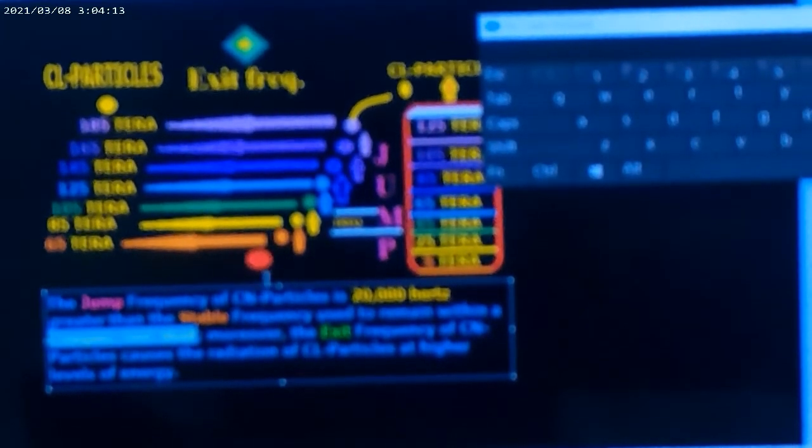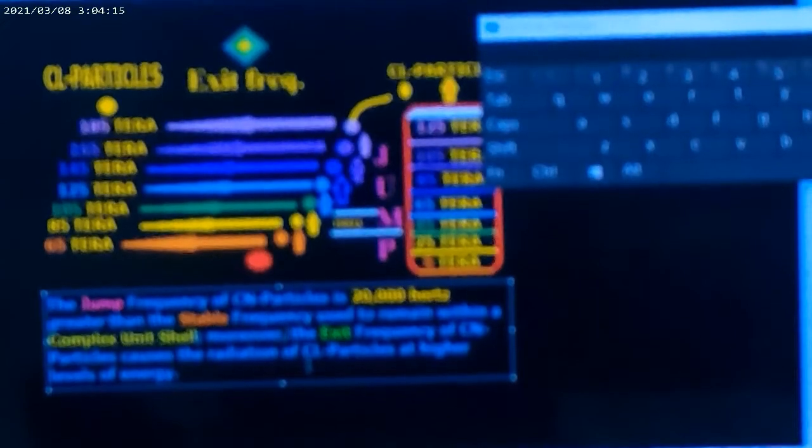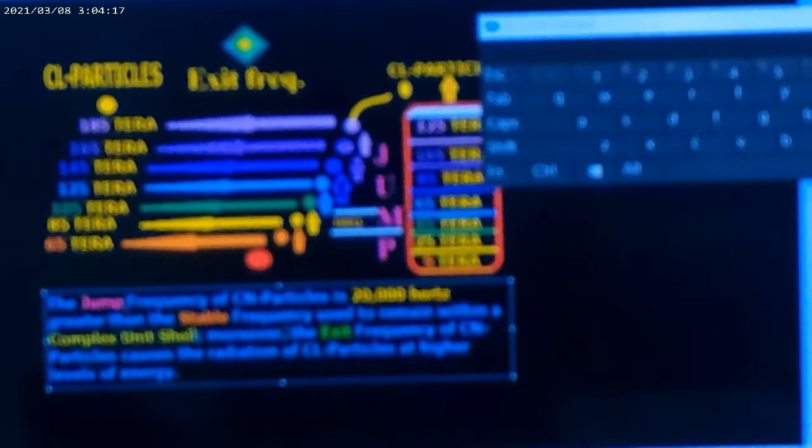There's some vocabulary there. Complex unit shell. Jump frequency.